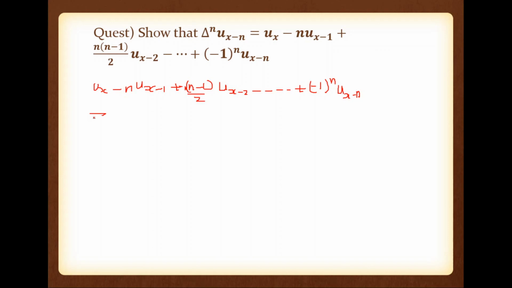So we can write this one as: first term is ux, minus n into the second term, that is the previous data of ux, so we can write it as e raised to minus 1 ux, plus the next term we can write as n into n minus 1 divided by 2 into e raised to minus 2 ux, minus etc. plus minus 1 all raised to n e raised to minus n ux.